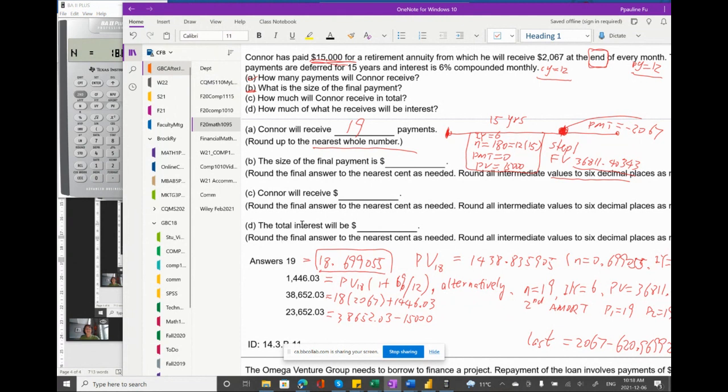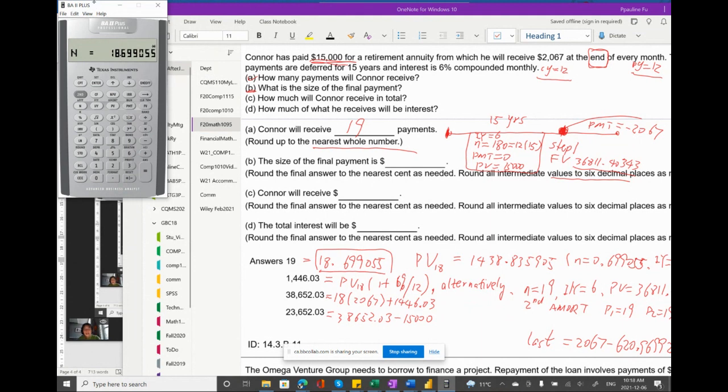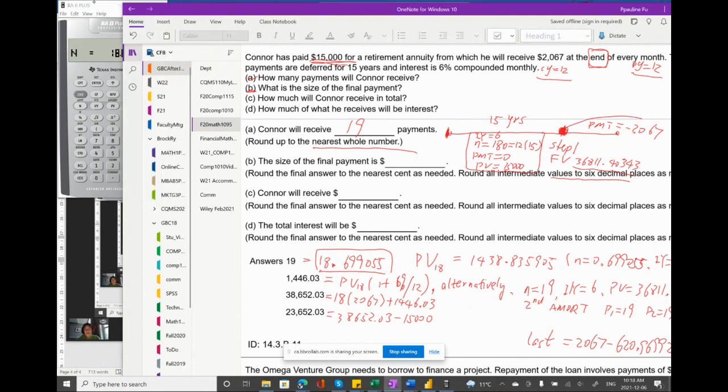What is the size of the final payment? And remember, we have 18.6999 payments. The final payment is the present value of the 18th payment times 1 plus interest.